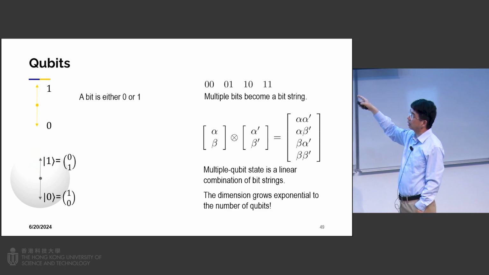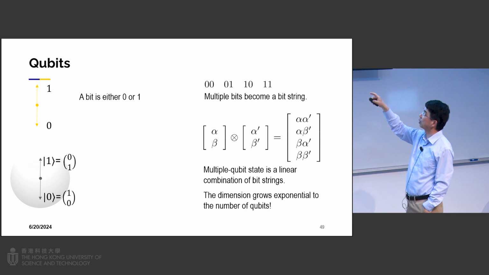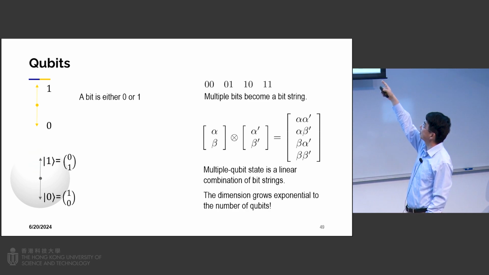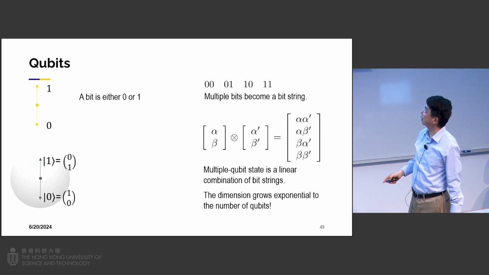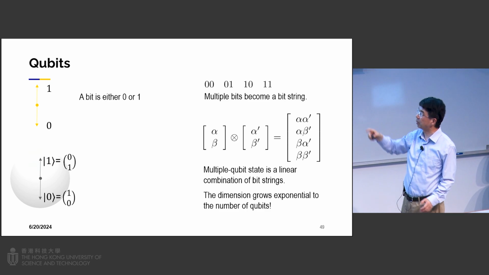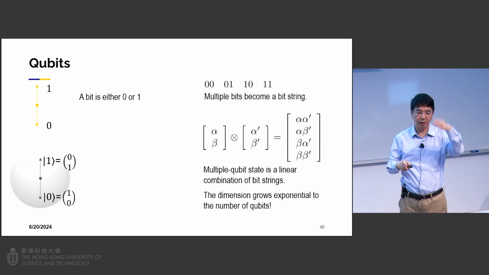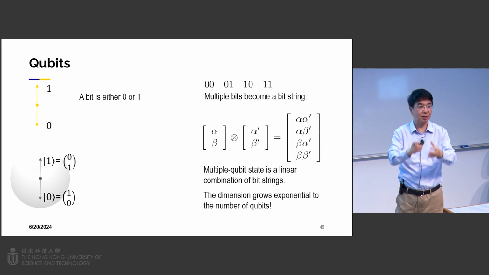Once you measure, of course, it gives you either 0 or 1, but the quantum state can be in a superposition. These two superpositions you can combine together, and then you get 4, for example. So think about it: you will have 2 to the n base vectors, and you can be in a superposition of any of them.